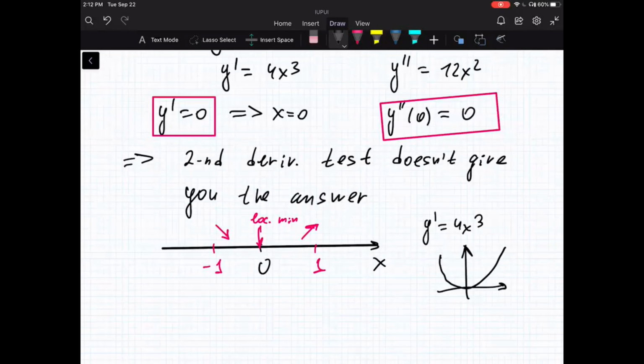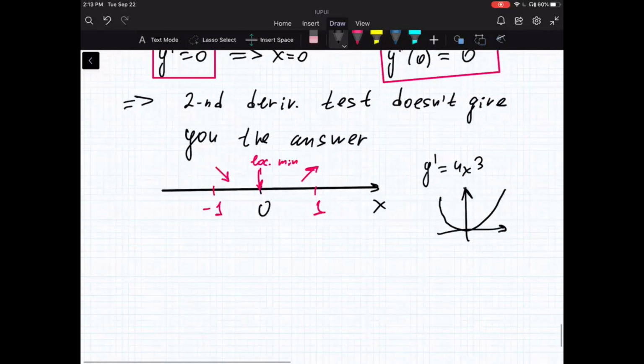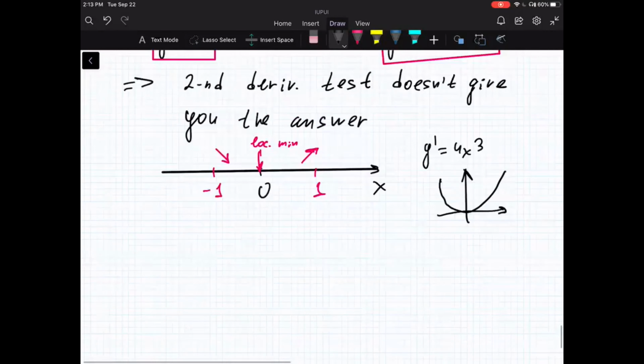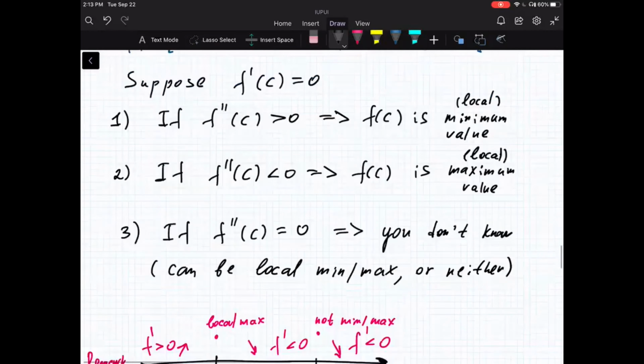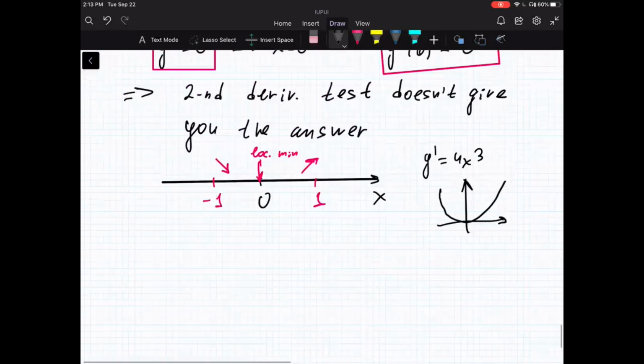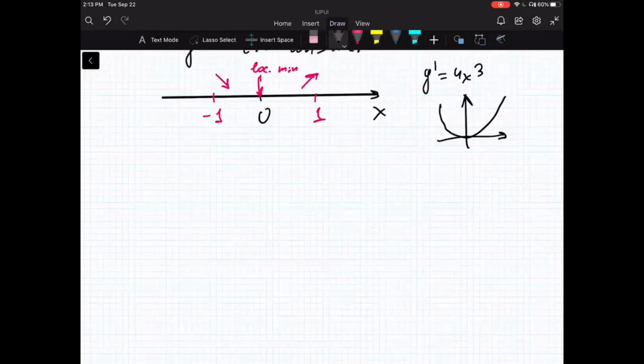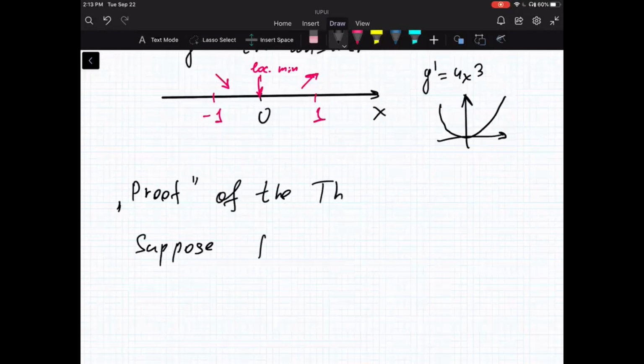And why is it so? I have not proved the second derivative test theorem, but here is the kind of proof of why it should be true. Suppose you know that f prime at point C is equal to 0.